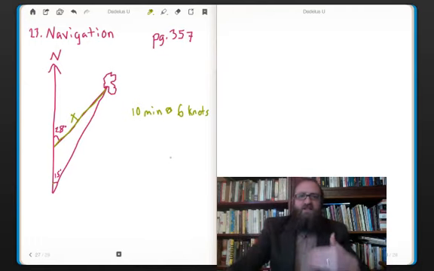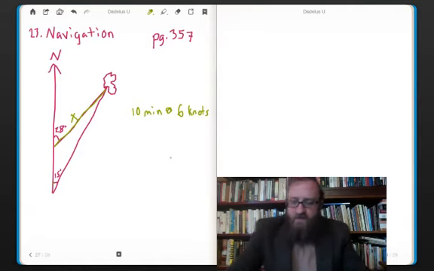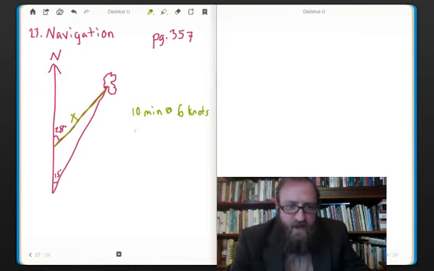Well, if we're going to go 6 nautical miles per hour, 10 minutes is a sixth of an hour. We could think of 10 minutes as 1/6 of an hour, and we're going to travel then 1/6 of those 6 nautical miles per hour. In other words, we're going to just go 1 nautical mile.